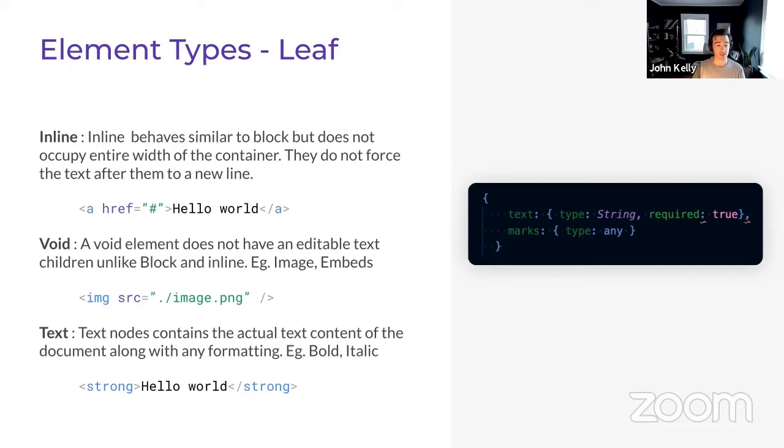Then you have your text, which is within a block, and it's just your basic text-based content with standard formatting options available to it. And on the right-hand side here, when you're building your JSON plugin, you can see the way that you would structure your object to be managed by the end user themselves.